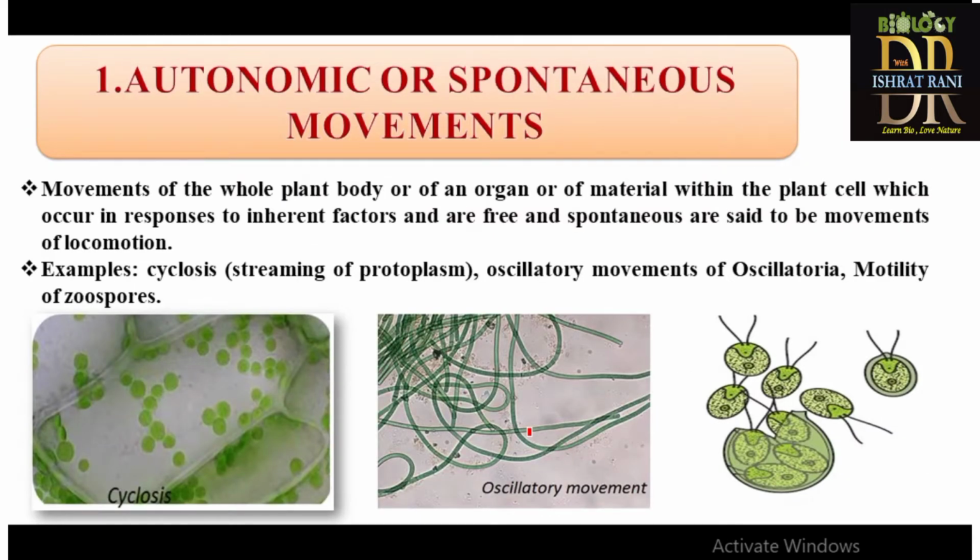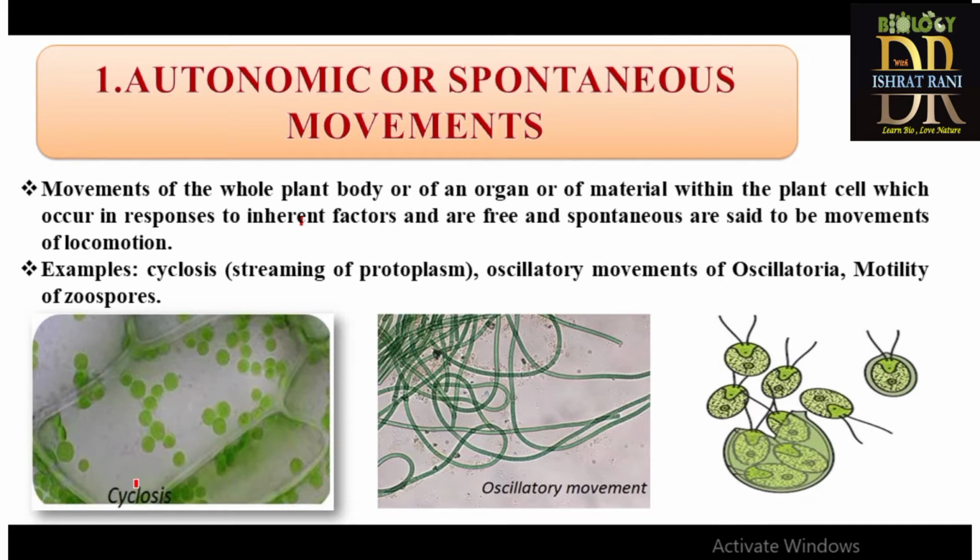So here is the autonomic movement. You can see the movement of the whole plant body, or any organ, or material within the plant cell, which occurs in response to inherent factors, so they are spontaneous. For example, cyclosis.